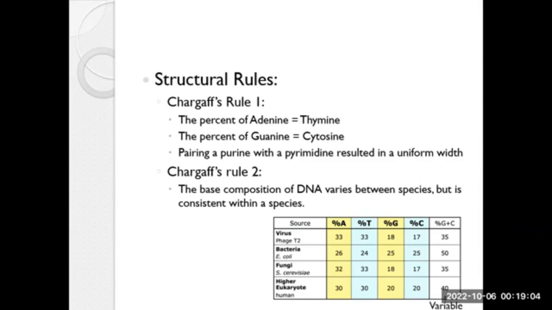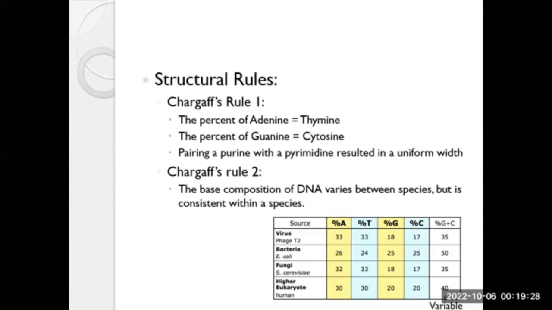Because A's are always bonded to T. And that's 60, so that leaves 40% left of our 100%. So that has to be divided out as 20/20. So let's say humans are 30/30, 20/20. That means I have 30% A's and 20% G's, and you should have 30% A's and 20% G's, and so on and so forth.